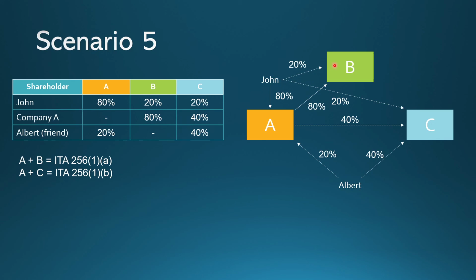So A and B are also under John's control, meaning that B and then C, which were both under John's control, would also be associated via 256(1) paragraph B.